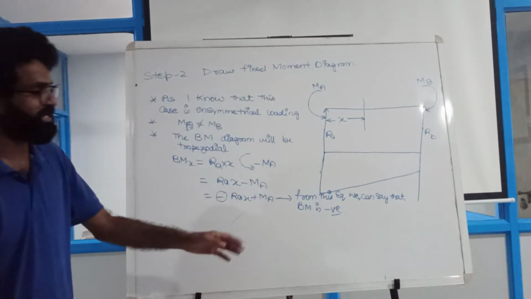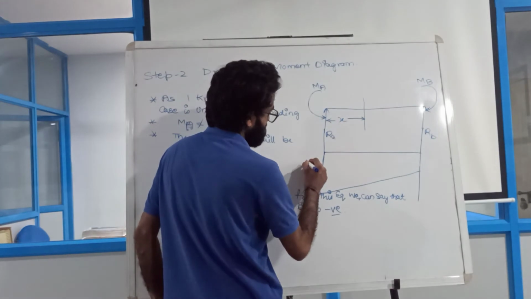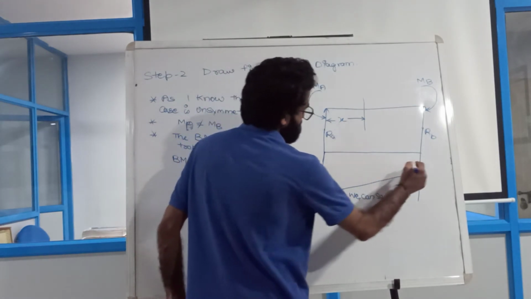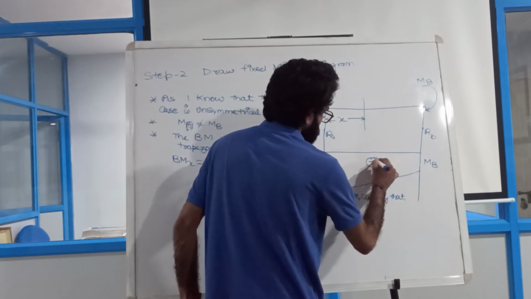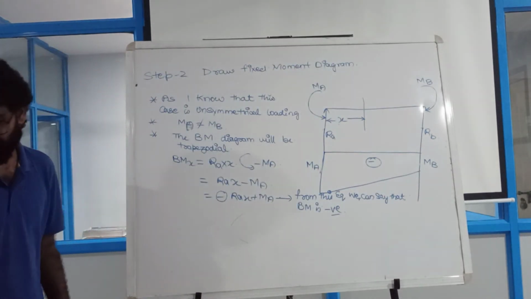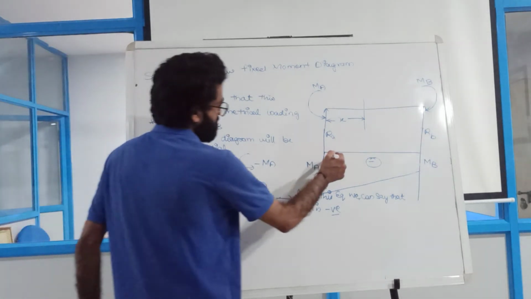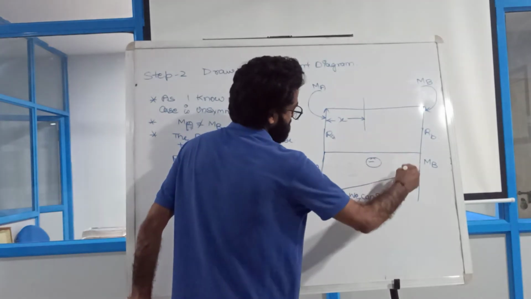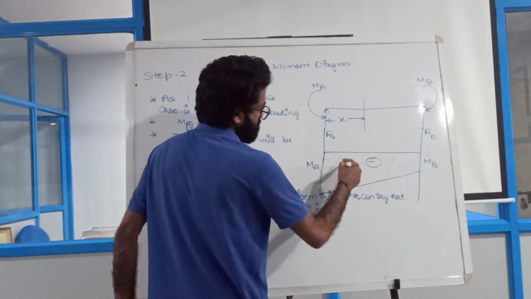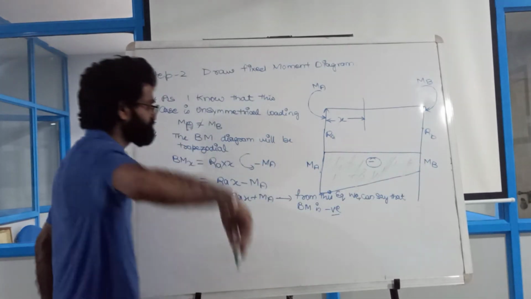So this is my diagram. In this diagram, this is my MA value, and this is my MB value, and this all is negative. Getting my point? This whole region is my bending moment diagram, right?